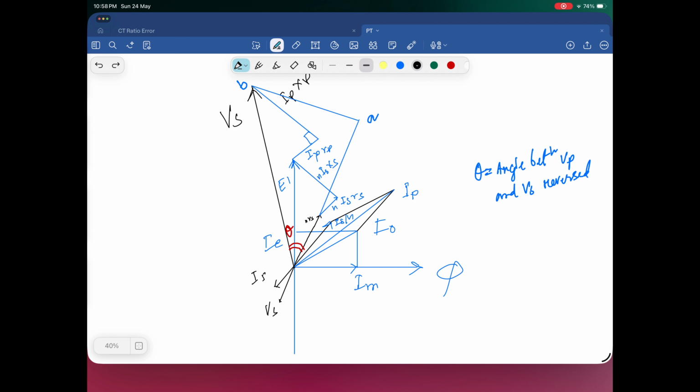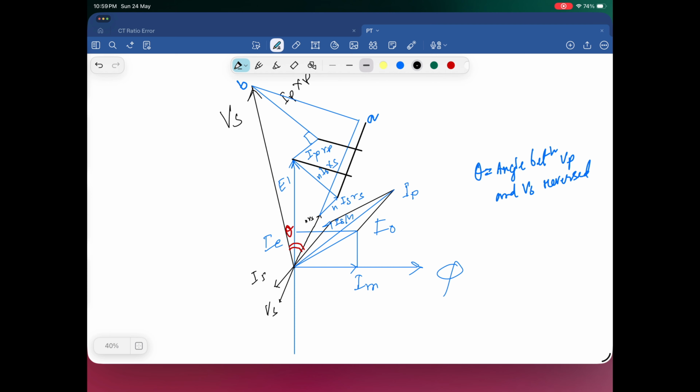See the way I am drawing a line from NISRS towards A. Just practice this drawing.